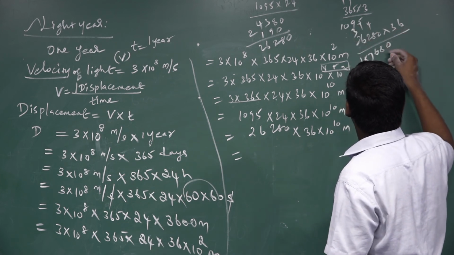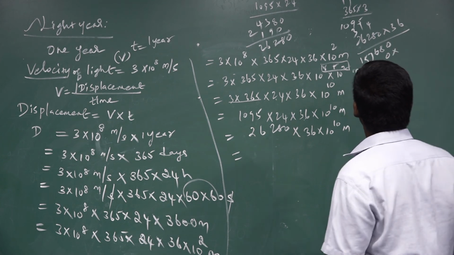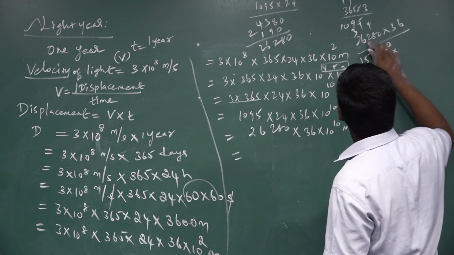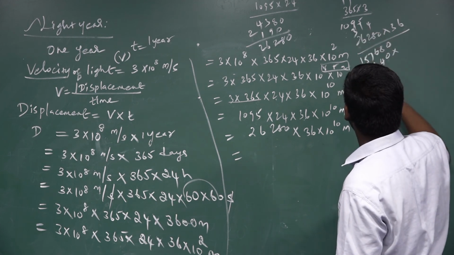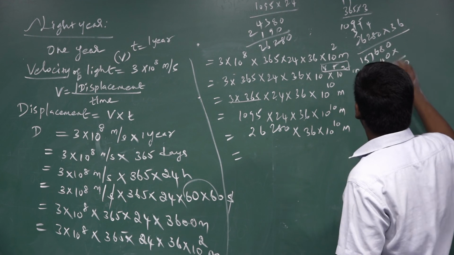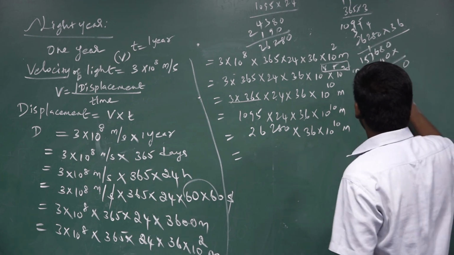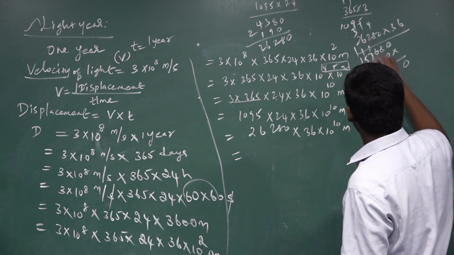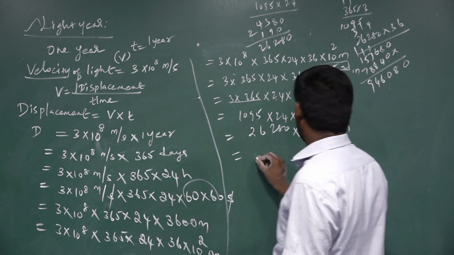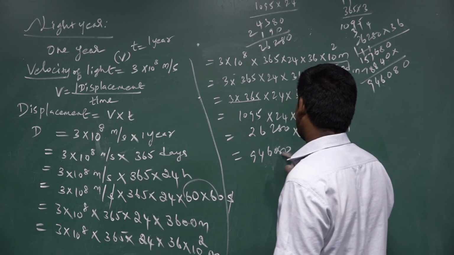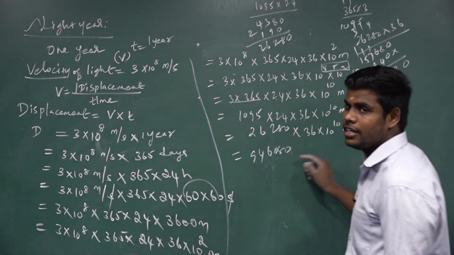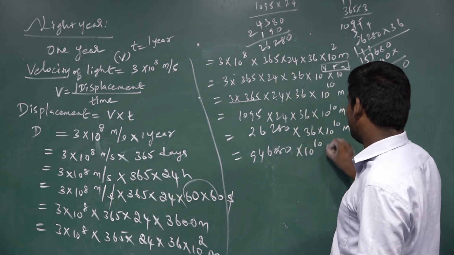Next using the 3 table, 0 3s are 0, 8 3s are 24, remaining 2. 2 3s are 6, 8. 6 3s are 18, remaining 1. 2 3s are 6, 6 plus 1, 7. After adding, we get 9 lakhs 46,080, into 10 to the power 10 meter.